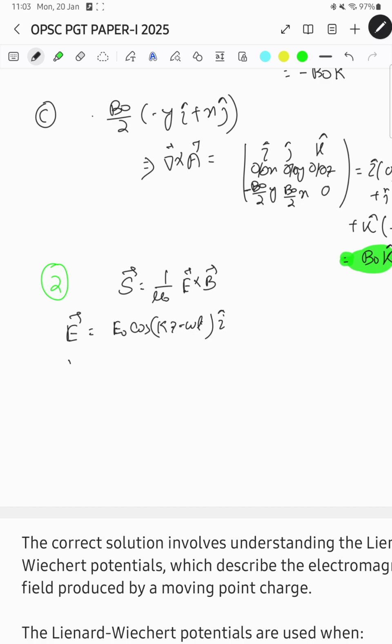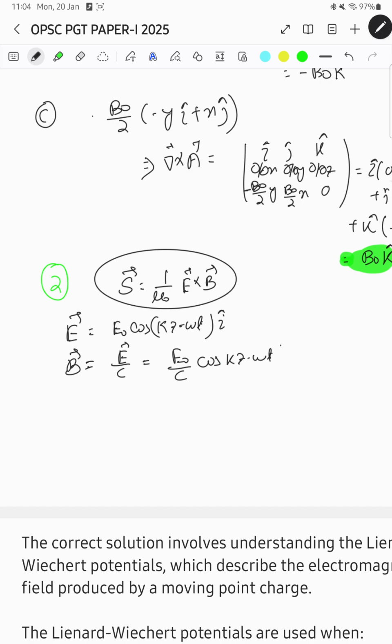Yes. Let me find out what the B vector is, because from the formula we know S vector is 1 by mu naught, E cross B. So I need to find the B vector. The B vector is nothing but E vector by C, so it will be E0 by C cos(kz minus omega t).